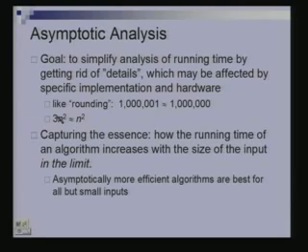And that is the thing that is of interest to us. So we are interested in capturing how the running time of the algorithm increases with the size of the input in the limit. This is the crucial point here, and that's what asymptotic analysis is all about. That's what the asymptotic here is. In the limit, how does the running time of this algorithm increase with increase in input size?